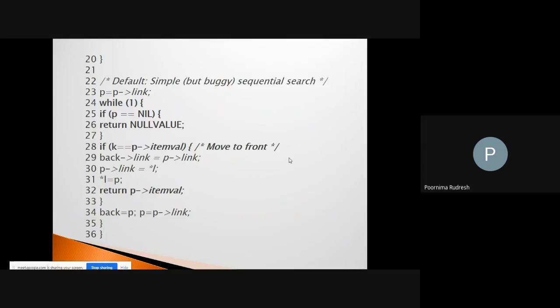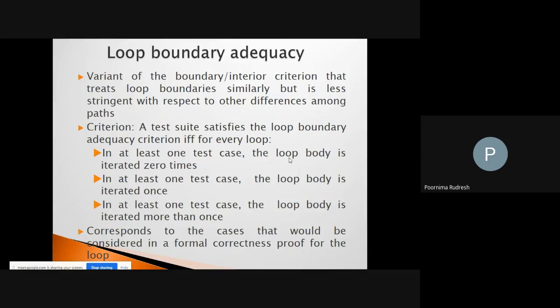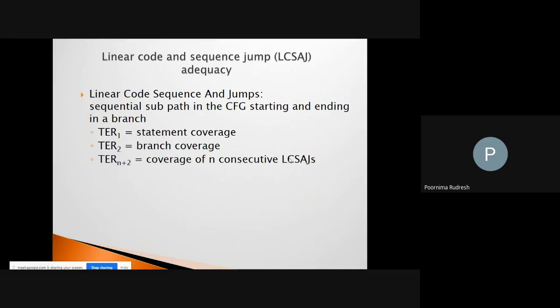So it is not strictly saying that a particular path is to be followed. Instead, we define the path length. Based on the path length, the test case can follow any path where the path length is equal to 6. So that is the case in the linear code sequence jump adequacy criteria.